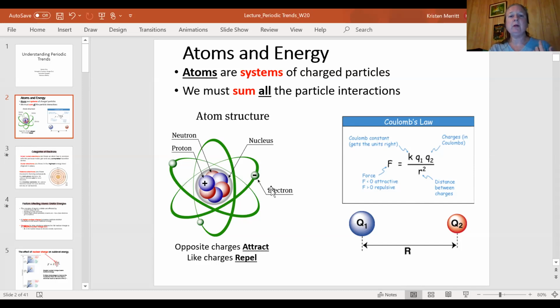So an electron exists in a particular orbital. That is an energy level determined by the energy of that electron. What is that energy level determined by? It is a combination of factors, but some of the factors are the charge, the positive charge in the nucleus.